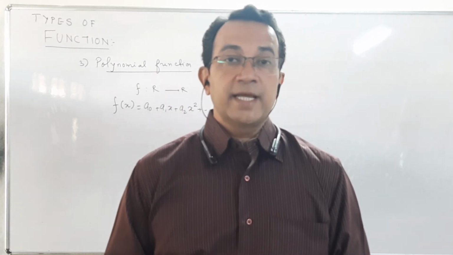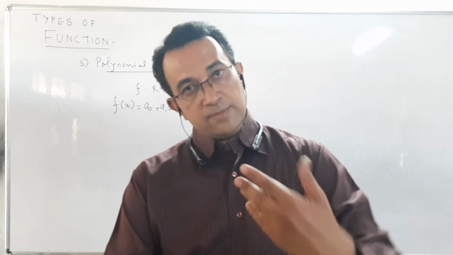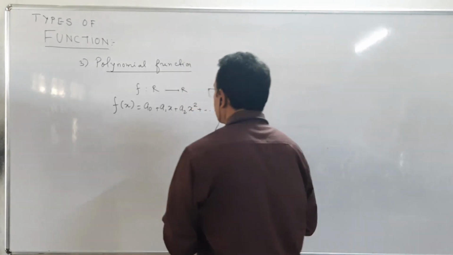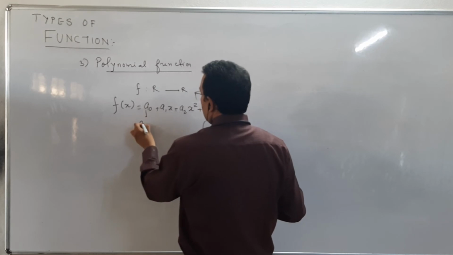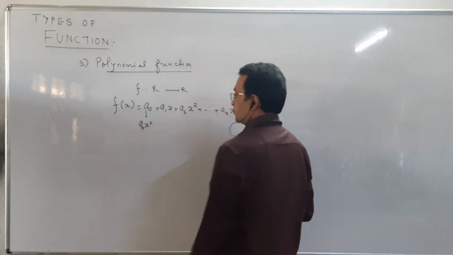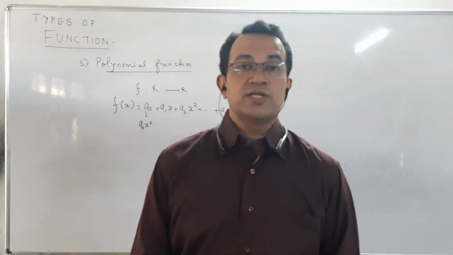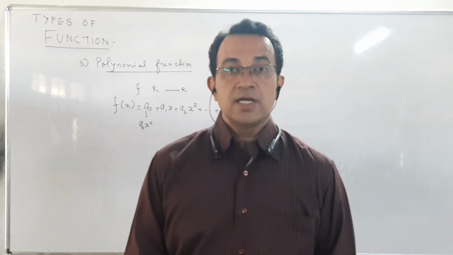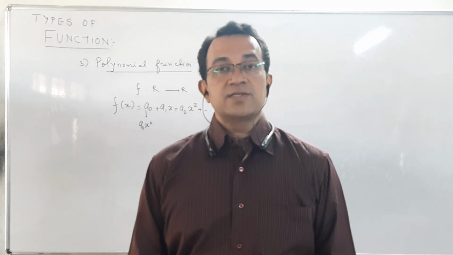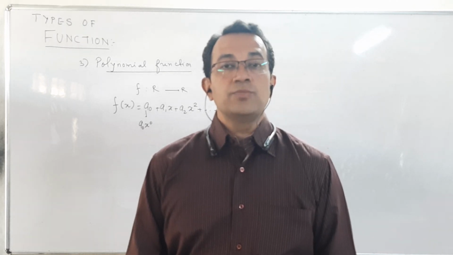Power cannot be negative. It can be 0 here because I can write a0 as a0 x raised to 0. So the power of variable is 0, otherwise positive integers. Such a function f is called a polynomial function.